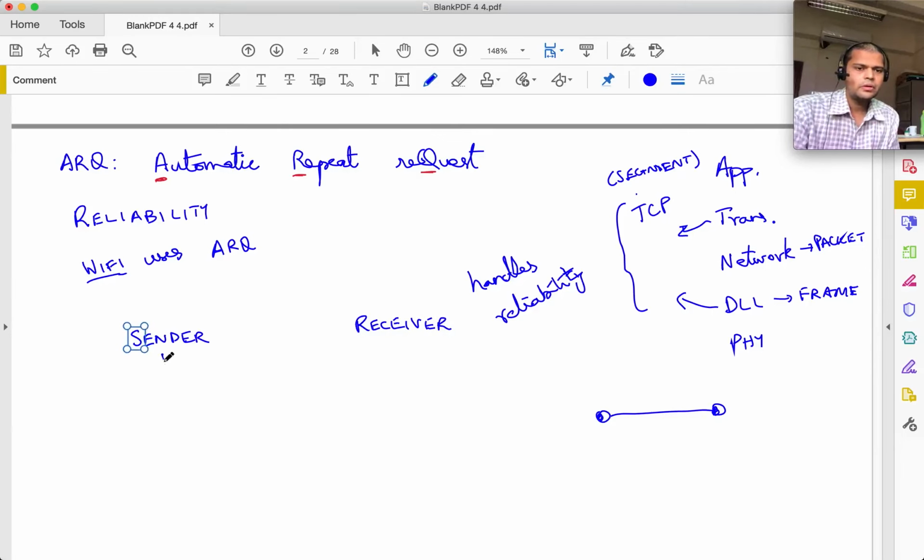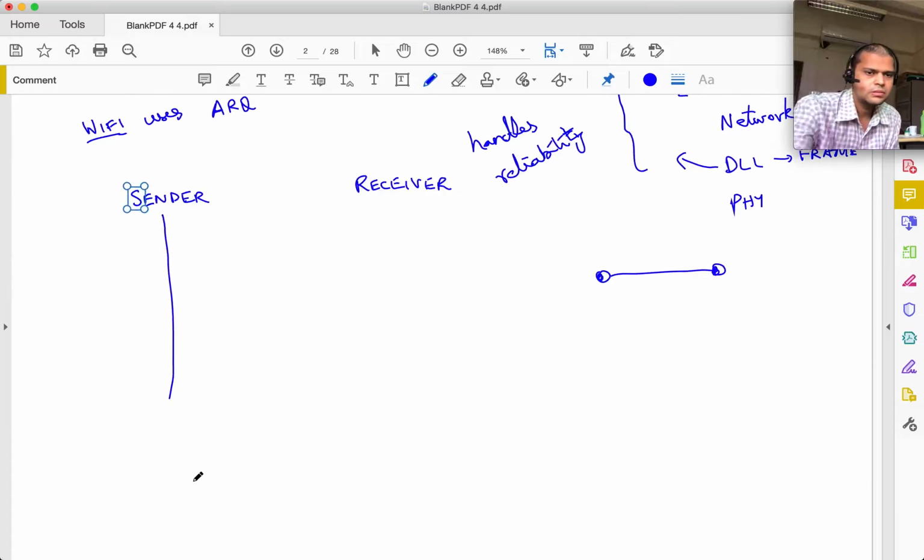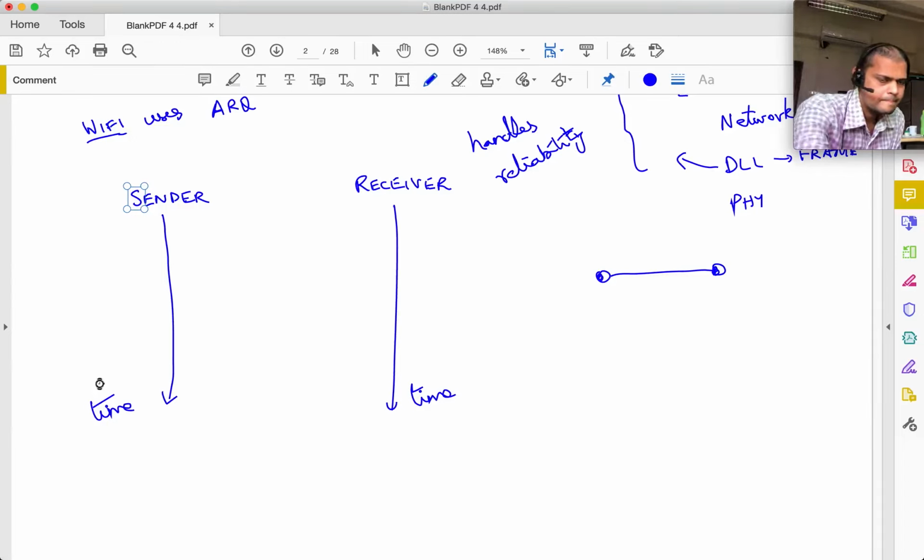And I'm going to draw like this vertically a time axis. So time progresses this way. And let's say that the sender sends out a frame.